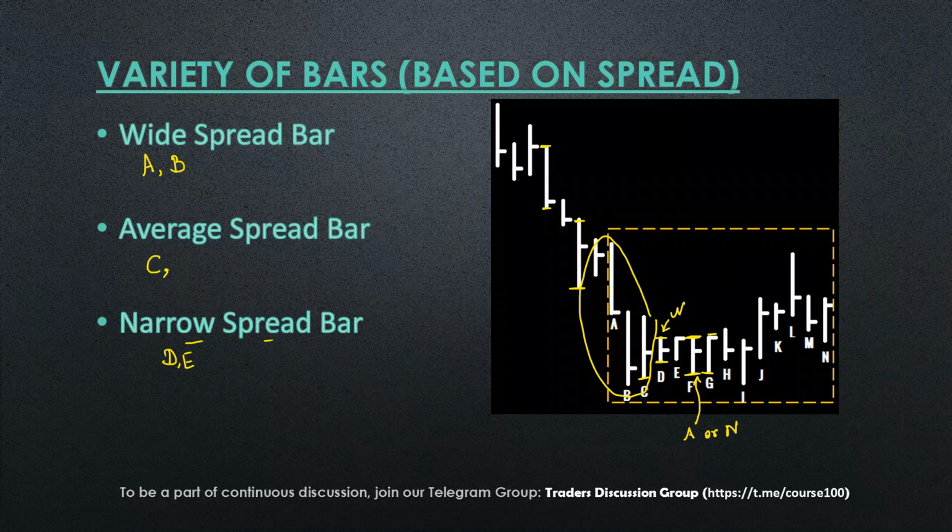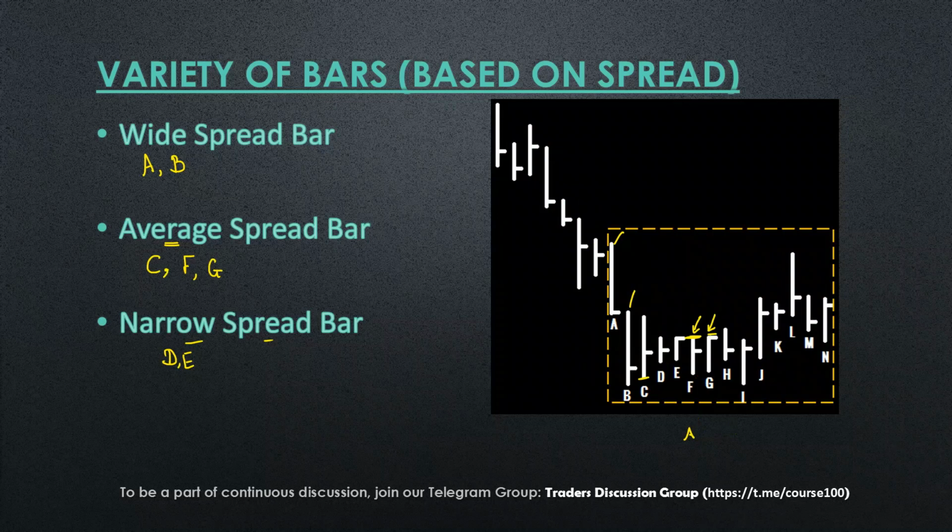So with that regard, I'll say my F bar and G bar as the average spread bar. Notice, while considering A and B, we looked at this many bars, whereas while considering F bar and G bar, we are now looking at these many bars. So it all depends from your perspective how you want to see it.